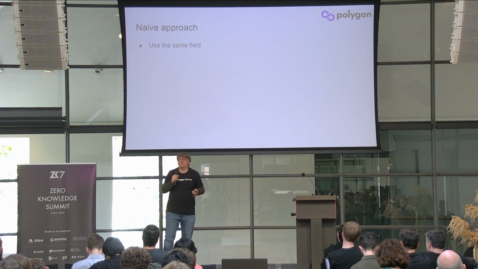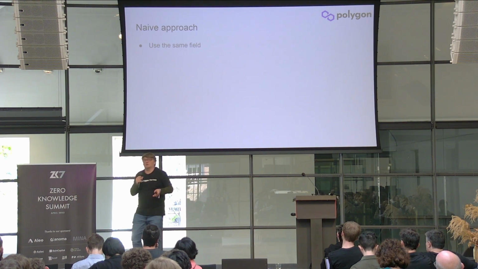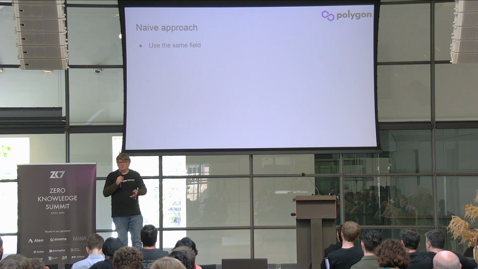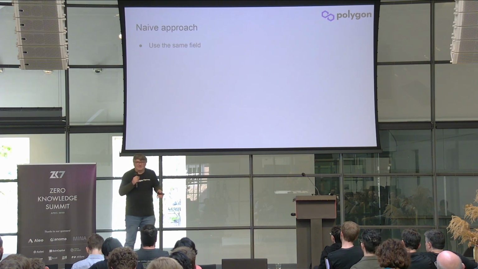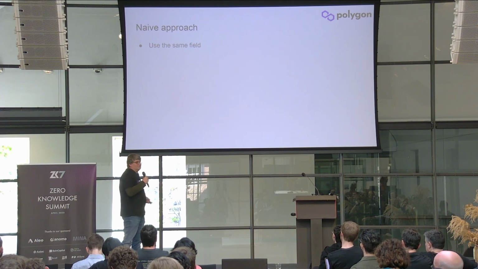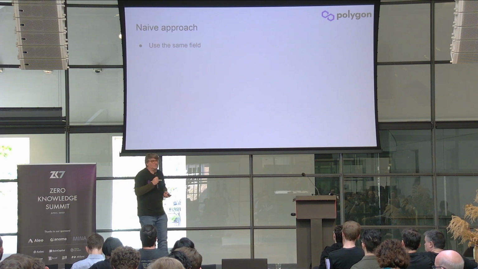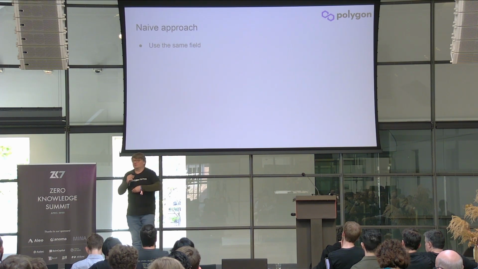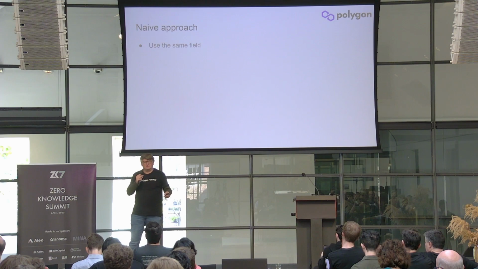So what's the naive way? Well, the easiest way is to just generate the Stark with the same field. We want to use BN128 because this is the one that's easy to verify with Groth16 or Plonk in Ethereum right now. I hope that at some point BLS12-381 is available, but this is what we have right now, at 256 bits. So we can work with these polynomials and generate all the state machines with these 256-bit fields.